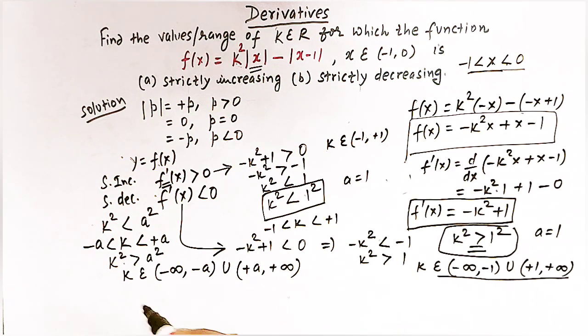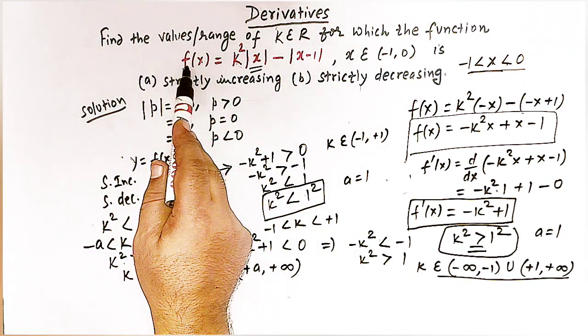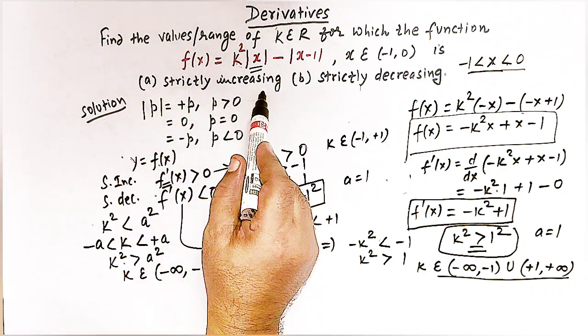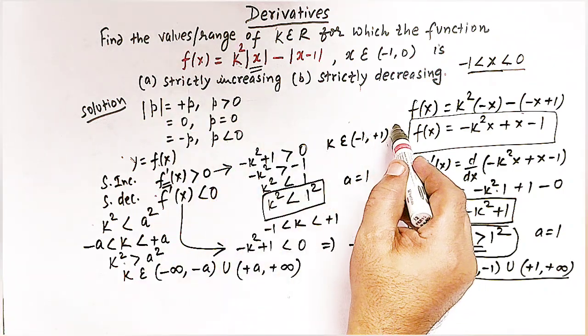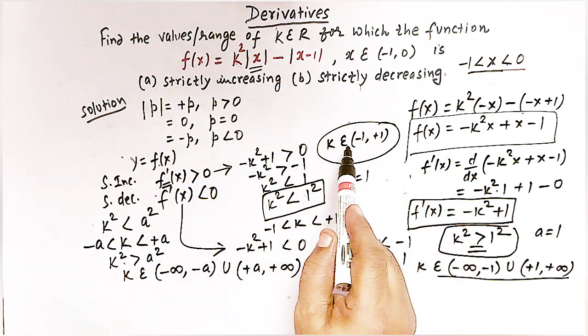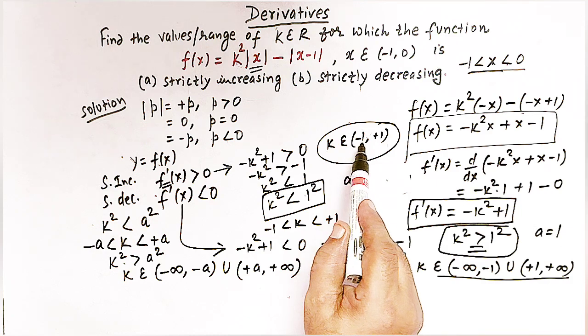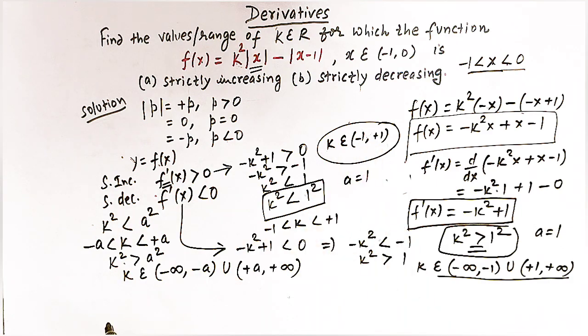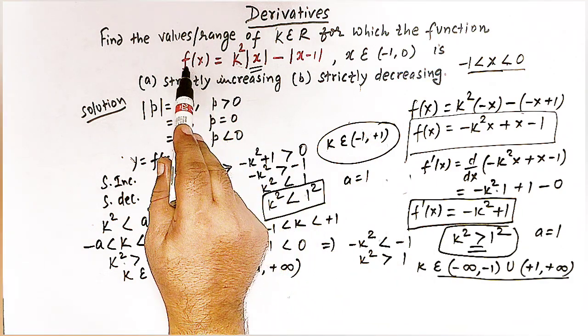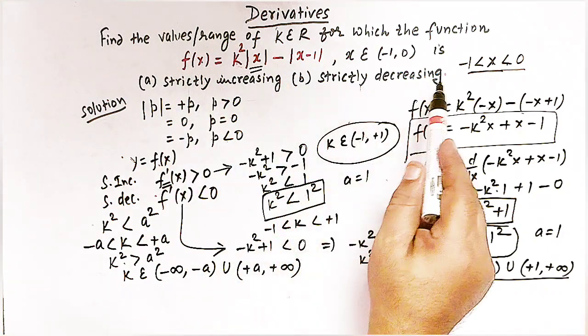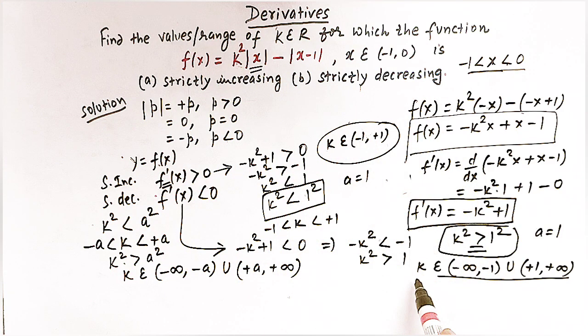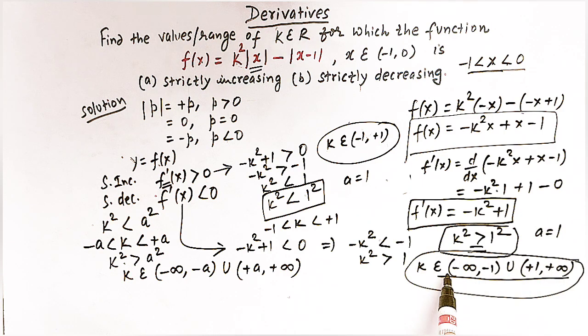So now we conclude that the function f of x is strictly increasing when k belongs to this interval that is from minus 1 to positive 1, and the function f of x is strictly decreasing when the value of k belongs to this interval that is minus infinity to minus 1 union 1 to infinity.